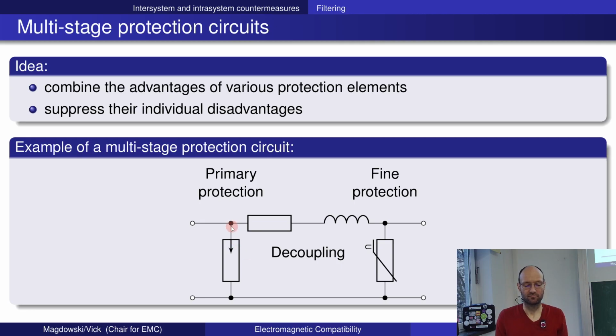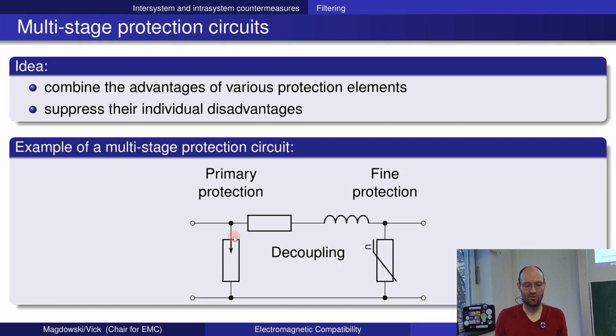So the problem is that this needs some time to react. So until this reacts, you might have some overvoltage. Yeah, so you need to have some fine protection, like diodes, Zener diodes, varistor, that reacts faster, but that cannot carry such a high current, or that cannot dissipate so much energy.